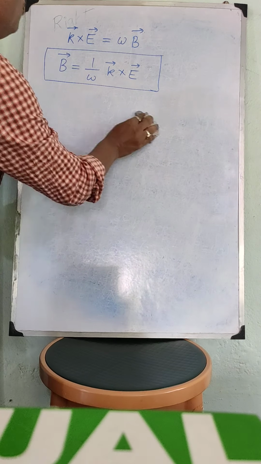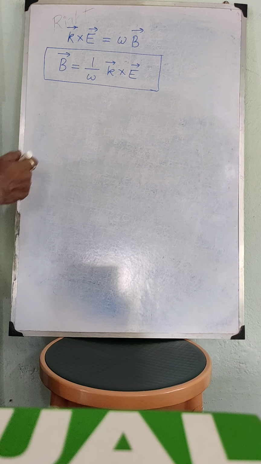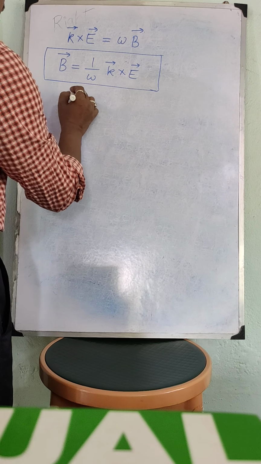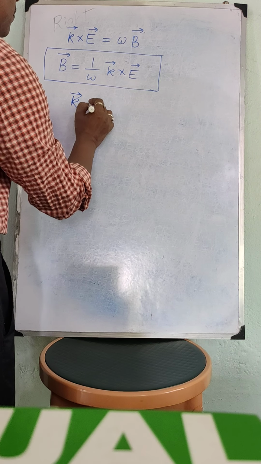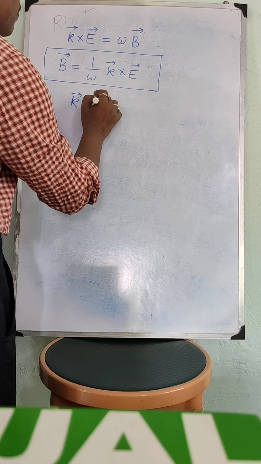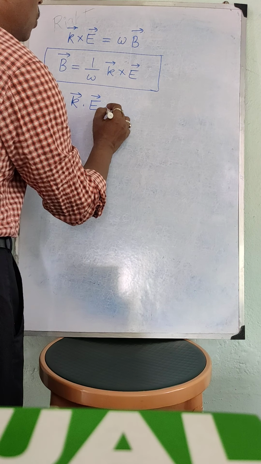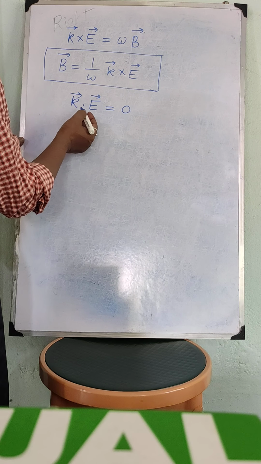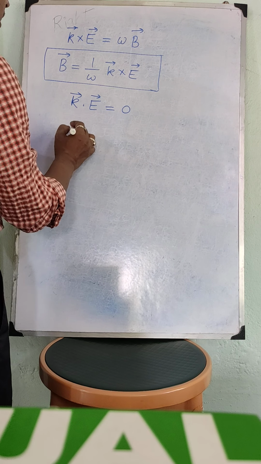That is, k dot e is equal to 0. That means e vector is perpendicular to k vector.